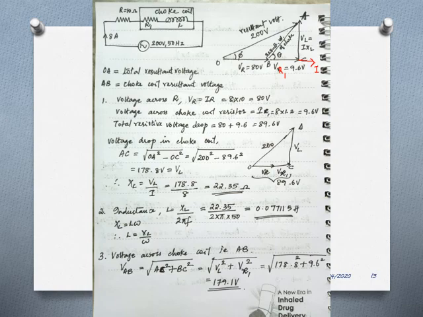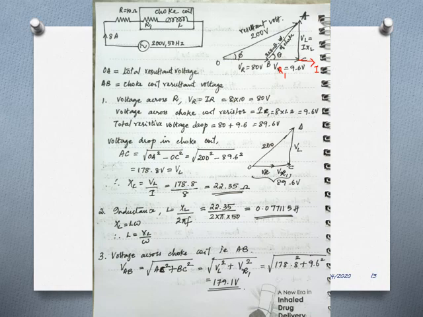OC is the total voltage drop across the resistances, calculated as 89.6 volt. So two values we already have, and you can find the unknown quantity AC, that is square root of OA square minus OC square. So you get square root of 200 square minus 89.6 square. So you get VL, that is nothing but AC, as 178.8 volt.